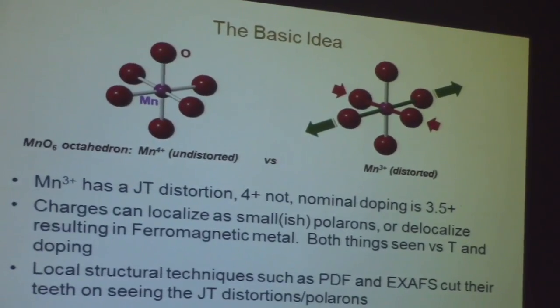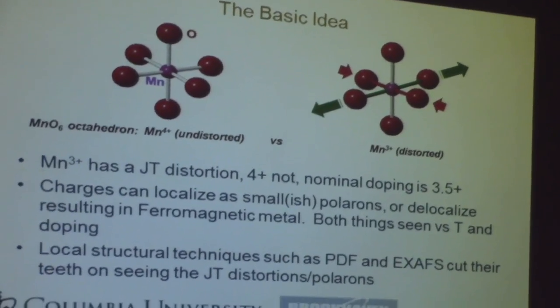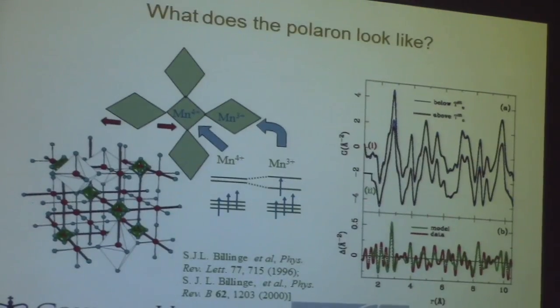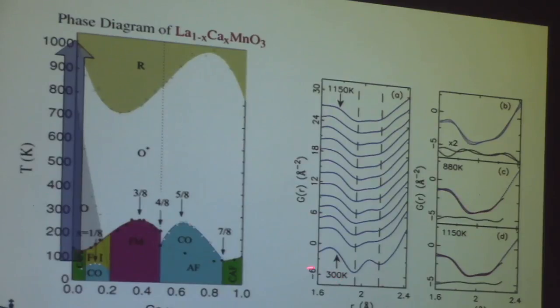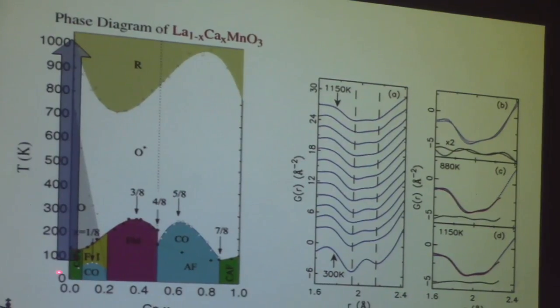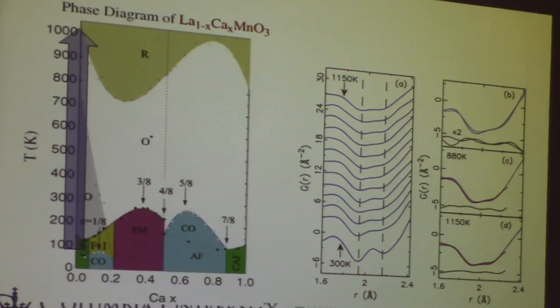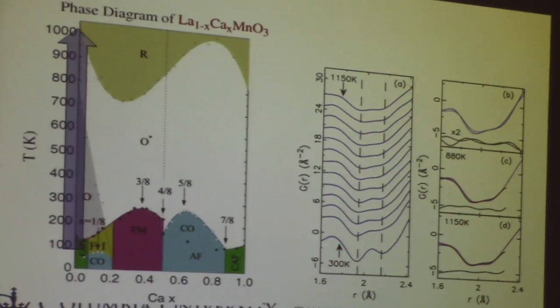So it's actually in the PDF, because the peaks in the PDF are telling you the interatomic distances. You can just directly look at the PDF and tell what's going on. So if we look at this undoped MnO6 octahedron, you can see it directly in the data, you don't have to do any modeling. You just look at the PDF, you see it.